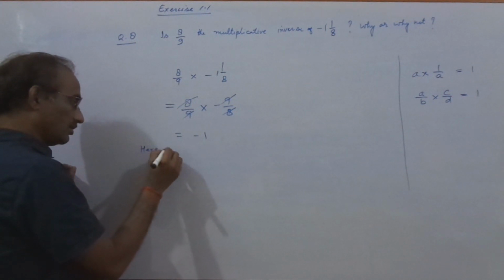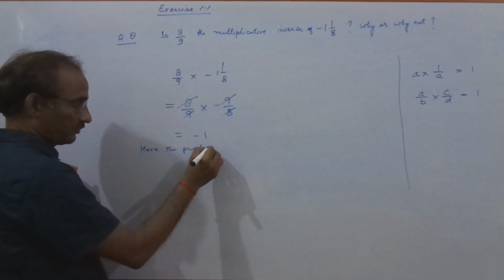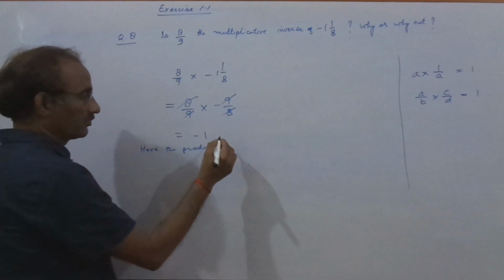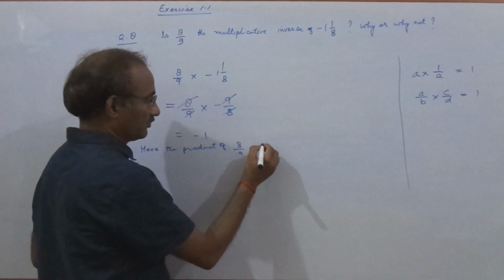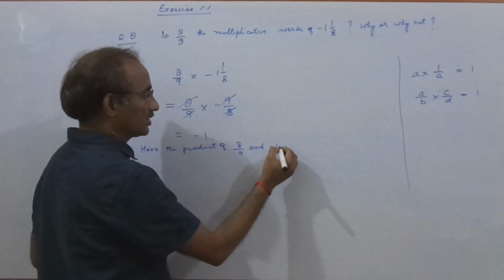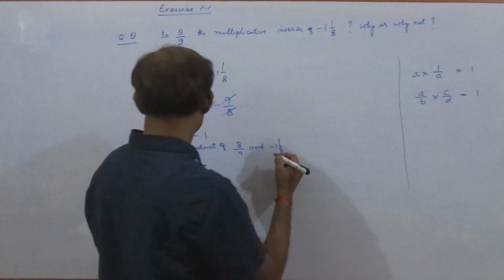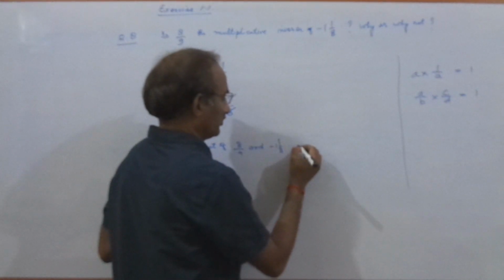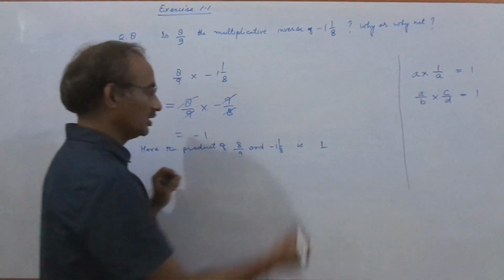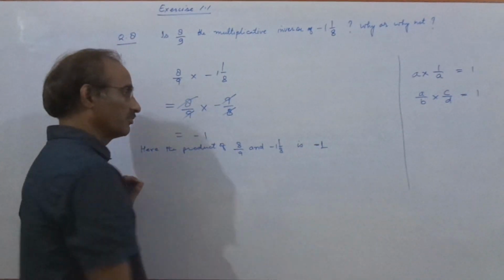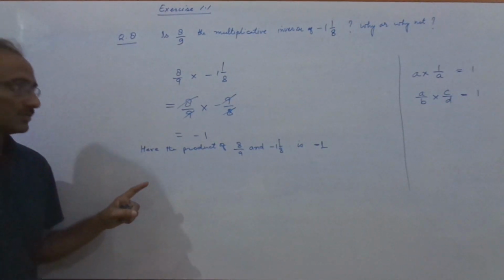Here the product of 8 upon 9 and minus 1 whole 1 upon 8 is minus 1, but it should be equal to 1.